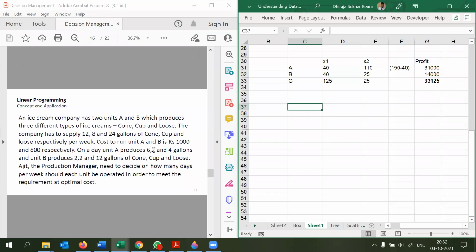That's what was being asked, why they are producing more. But this is not that scenario, because very clearly it says on a day, unit A produces 6, 2, 14 gallons and unit B produces this much of this product.